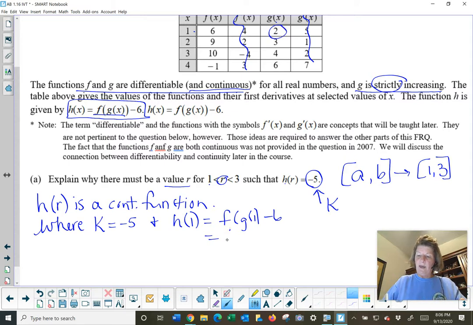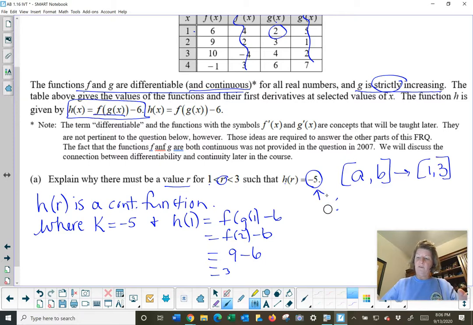So I have f of 2 minus 6. Which equals, f of 2 makes a 9 minus 6. I'm getting 3 for h of 1.